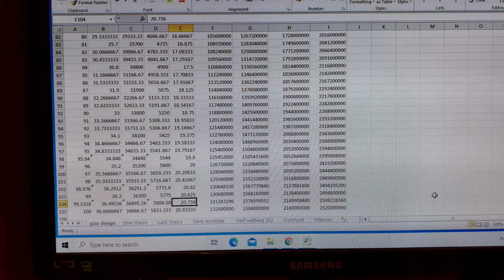And in this model you can see clearly that it isn't, because it's not giving us a whole number in the overall centigrade scale. It's giving us 99.5328.